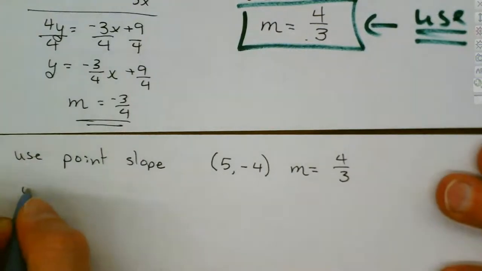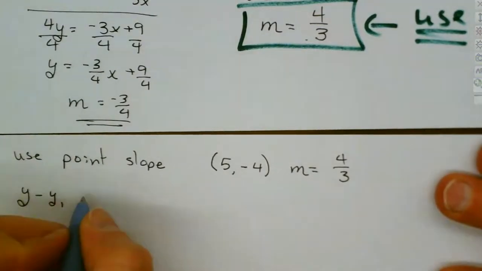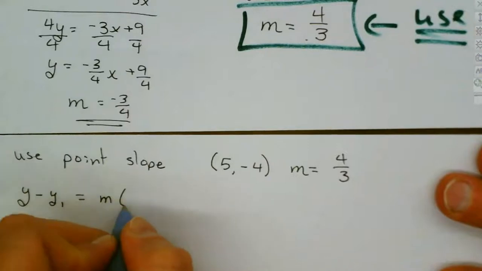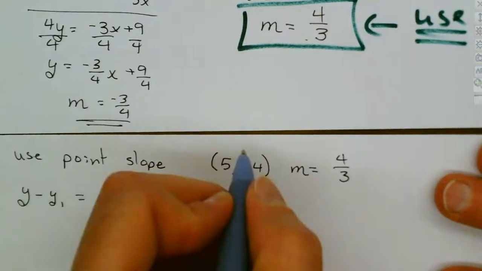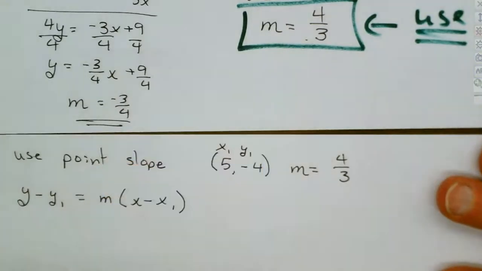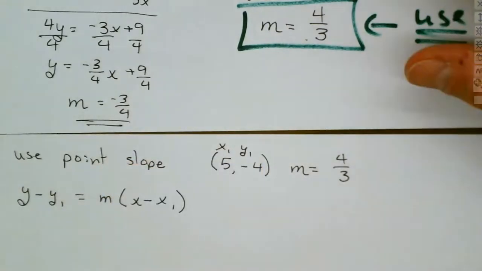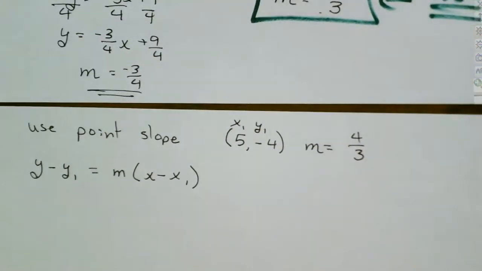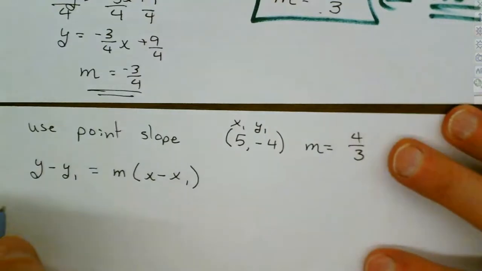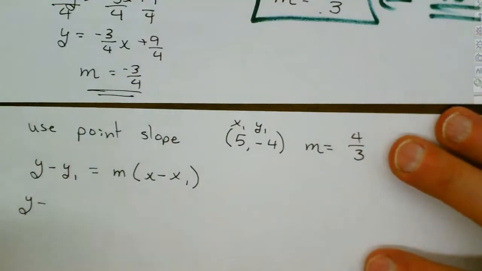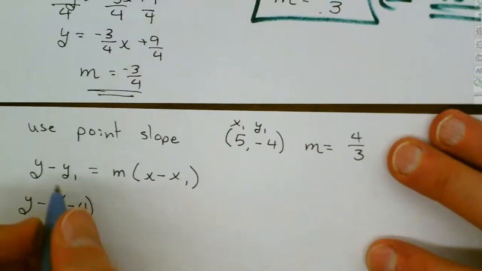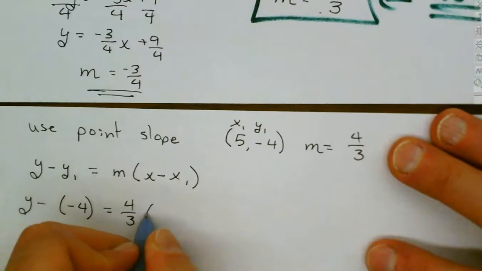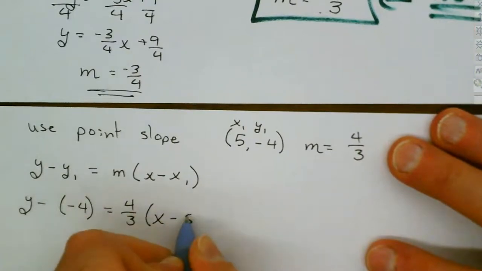What's our point slope? y minus y1 equals now m times x minus your x1. And there's x1, and there's y1. So that's our formula, and that's the slope we're going to be using. And we fill it in. Watch out for double negatives. So y minus negative 4 equals 4/3 times x minus 5, right?